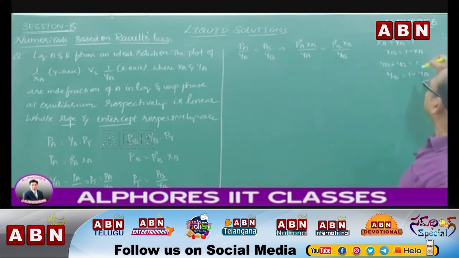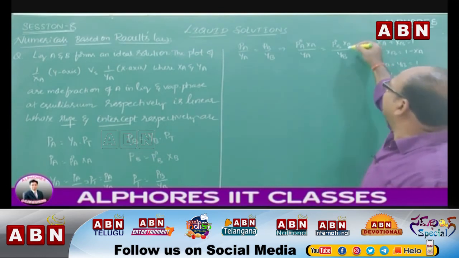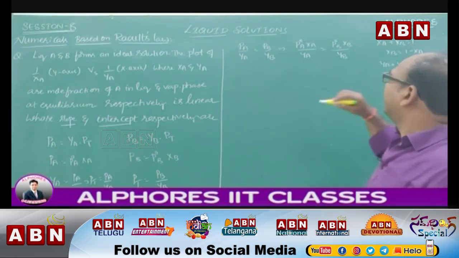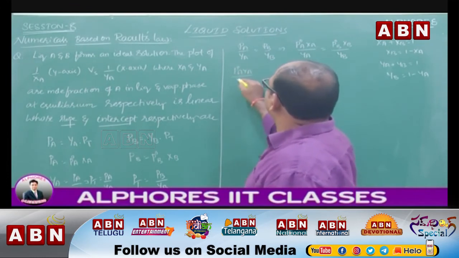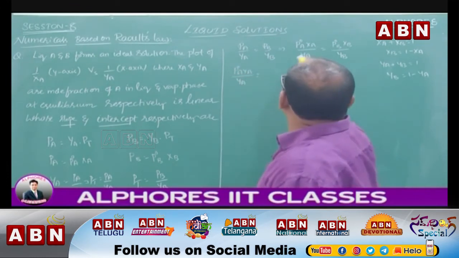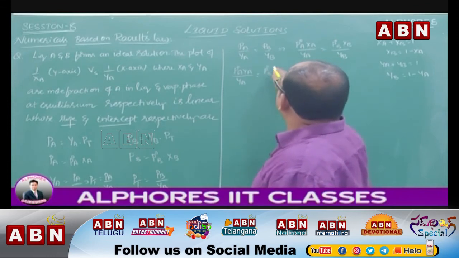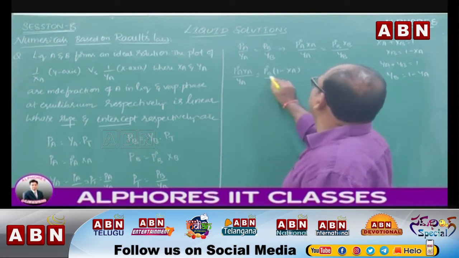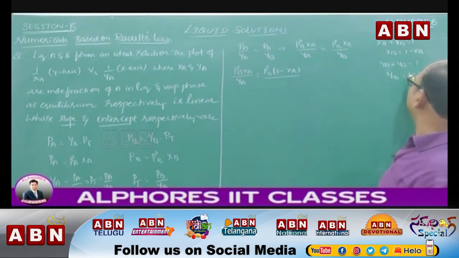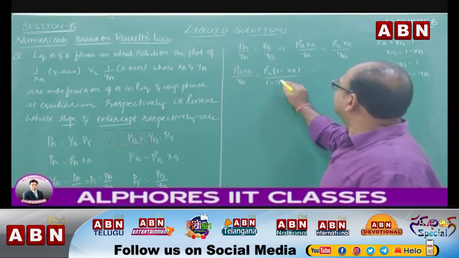So, whenever we write like this, the B terms are converted into A terms. Then P naught A XA by YA is equal to P naught B, and instead of XB we can write 1 minus XA, by, and instead of YB, we can write 1 minus YA.